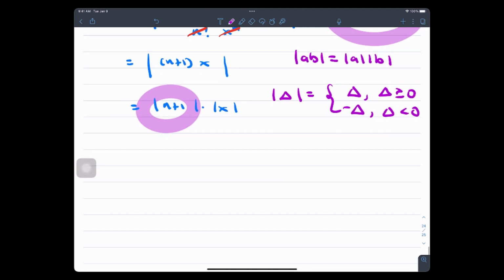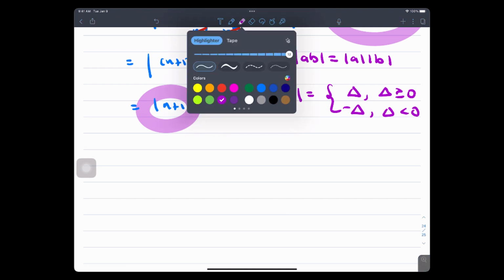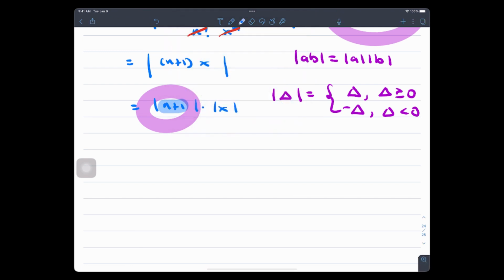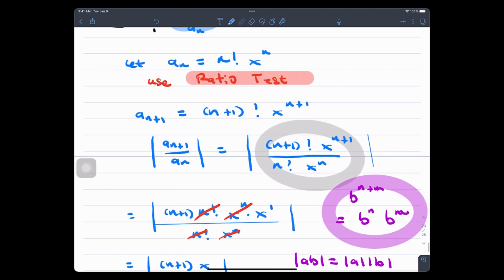Because what's in the absolute value is a natural number, we just get rid of that absolute value sign, because it's positive. So this is what we just found. This is the absolute value of the ratio.